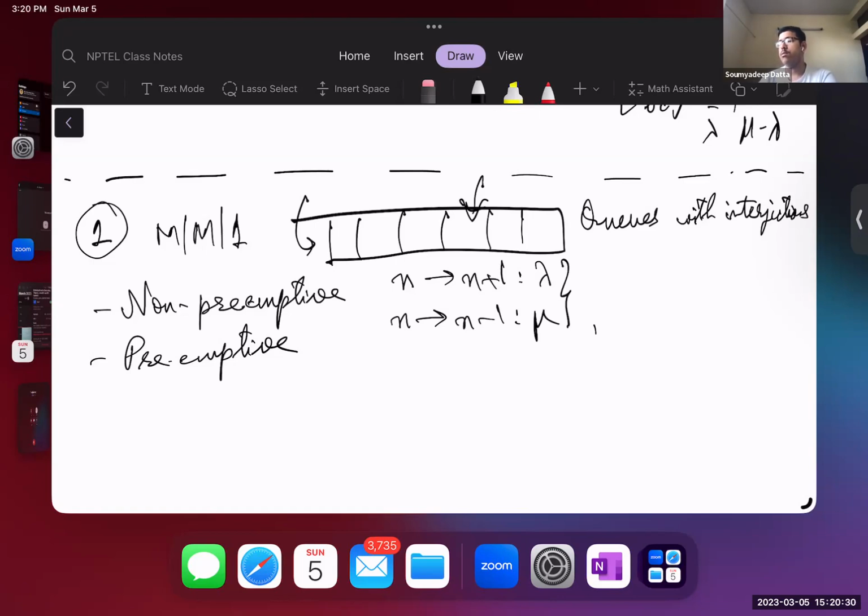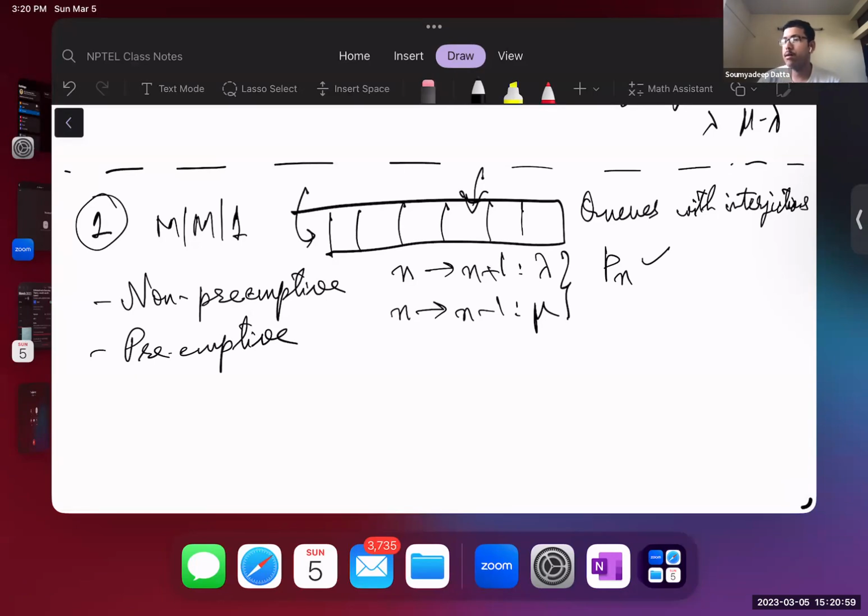But I believe that the system of equations will change, so quantities like expected waiting time will change. How that will change, I'll have to think about it a bit. I don't have it at the top of my head.